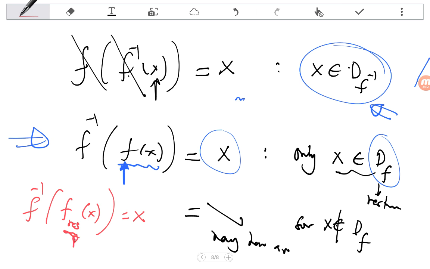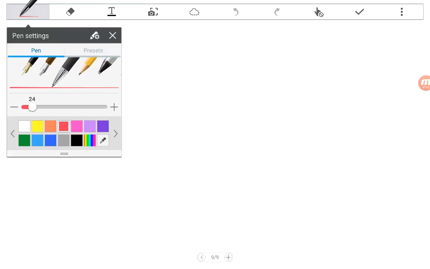Can I go outside the restricted domain when I say f restricted? Never. So the result in this case will always be x. These are general rules for inverse functions. Now let's learn the inverse functions for the trigonometric functions.